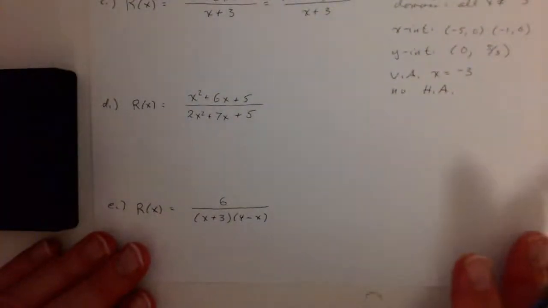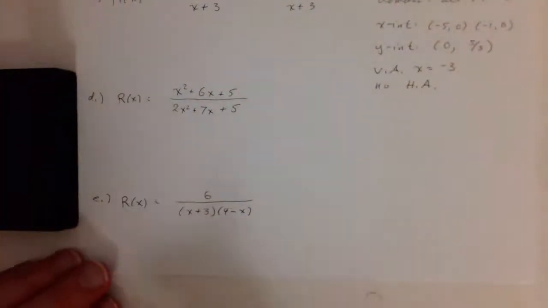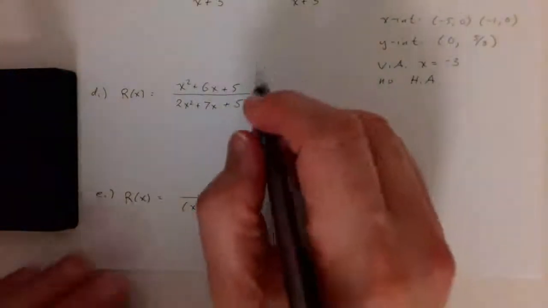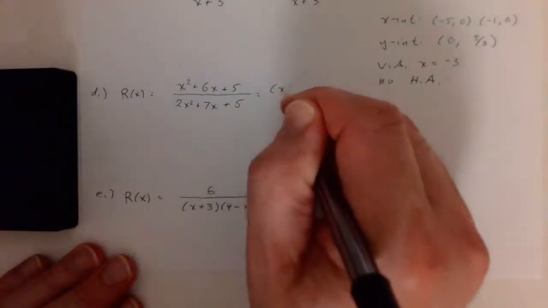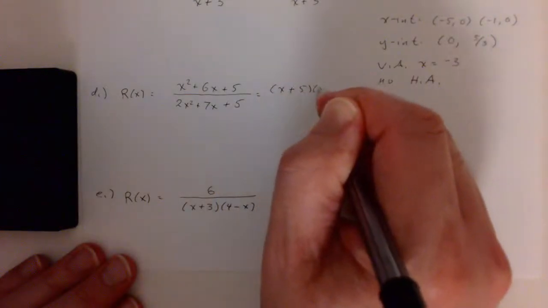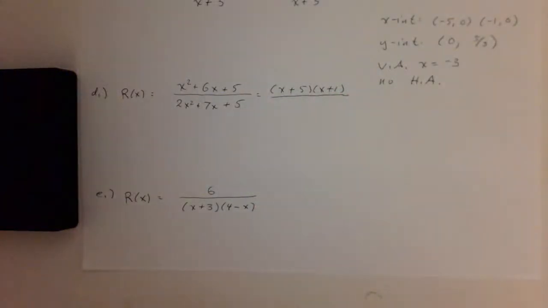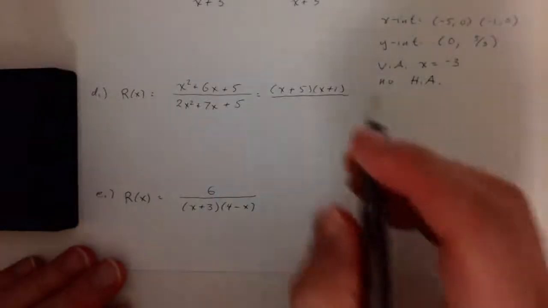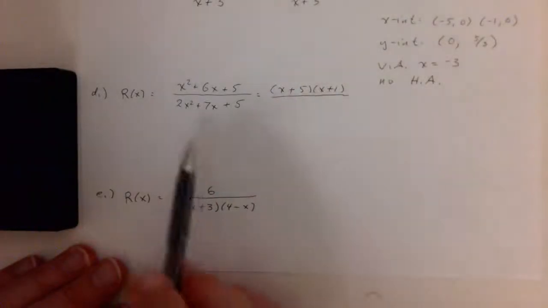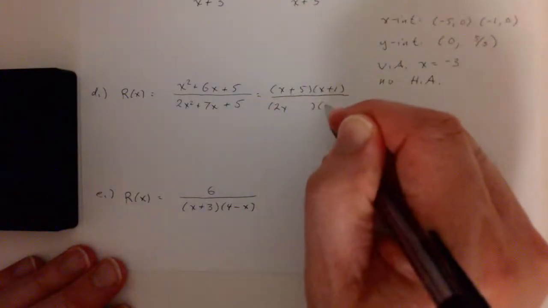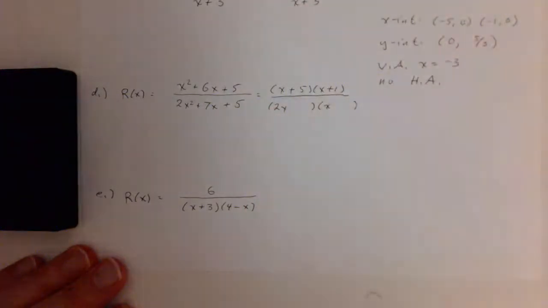Okay, let's look at part D. Well, it's the same numerator, so it factors the same way. And what about the denominator, does it factor? Well, let's see. If it factors at all, it would factor as 2x and x.